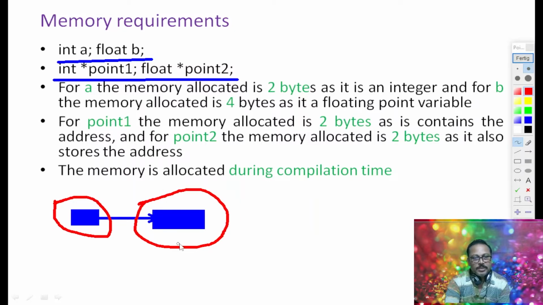We will discuss how to allocate memory dynamically later. So for the pointer variable itself, memory is allocated during compilation time, and the amount is the same, independent of data type.